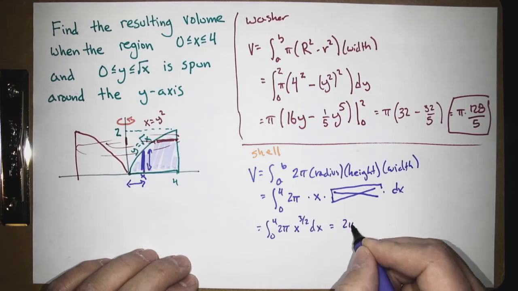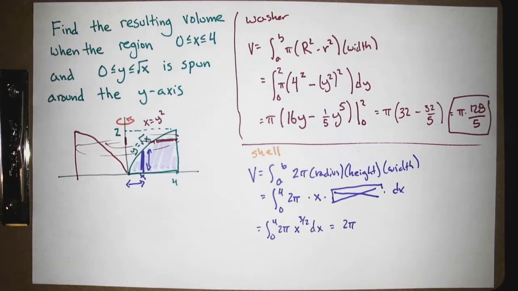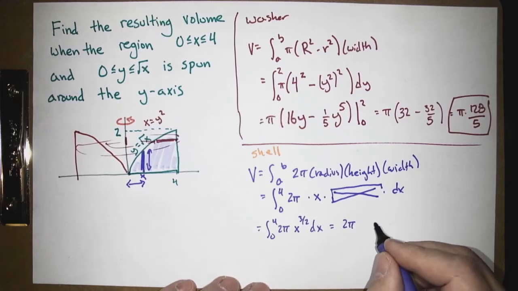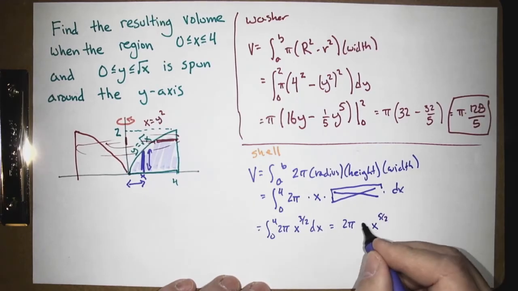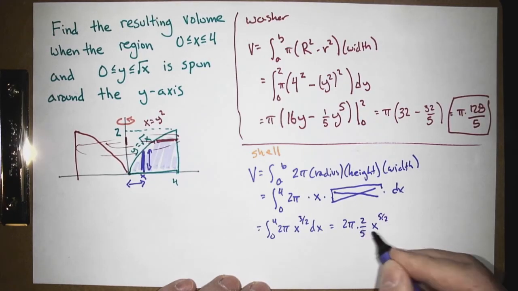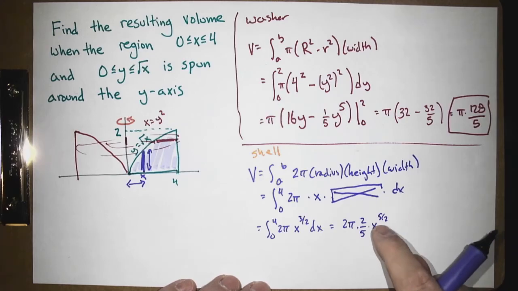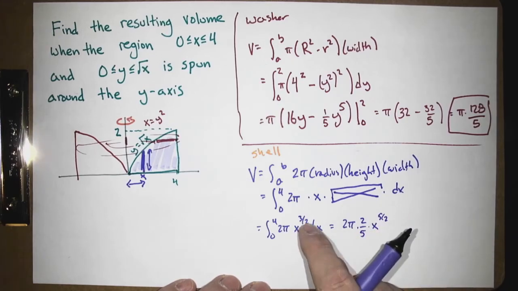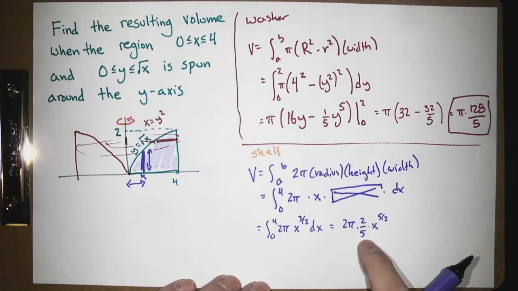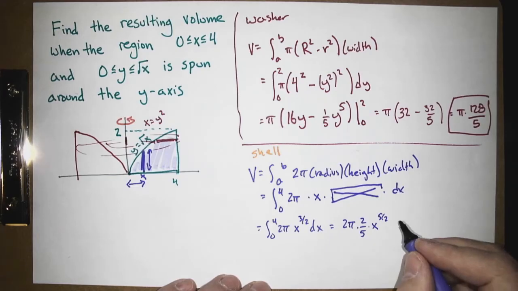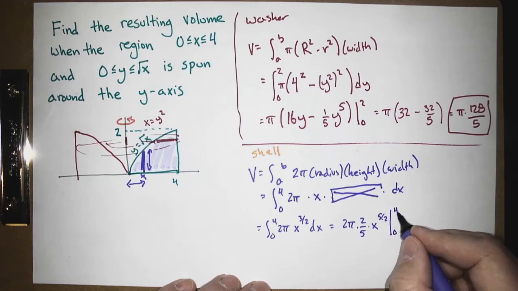What's the integral of x to the 3/2? x to the 5/2, and 2/5. Don't forget, you add 1 to the exponent, that's how 3/2 became 5/2, but then you have to multiply by the reciprocal. Evaluate from 0 to 4.